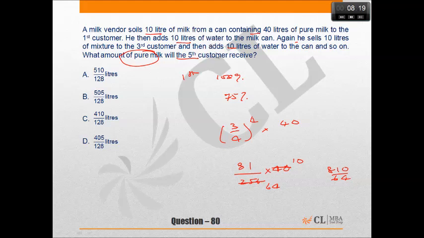So it should be into 10, not into 4. So 3/4, 27, 81, 810 upon 256 into 10. 256, so 5 128, so 810 into 5, 81 into 5, 405 upon 128.